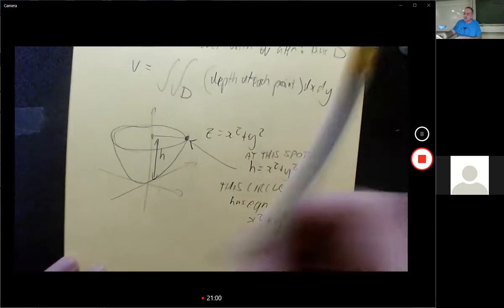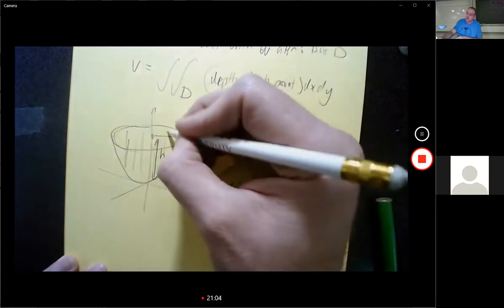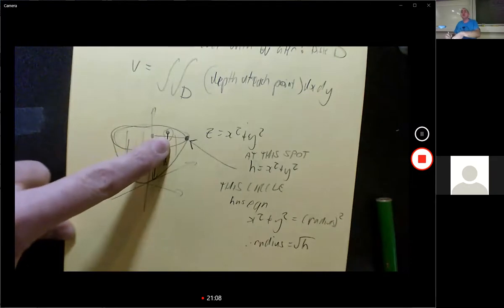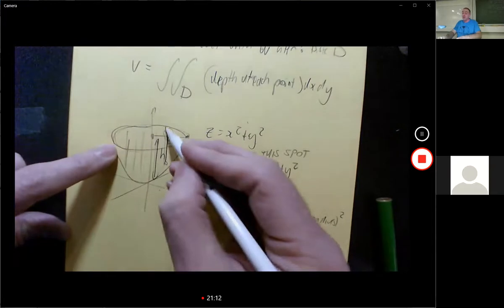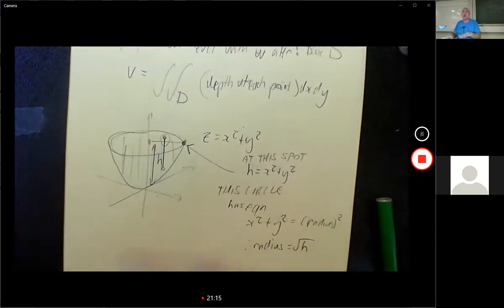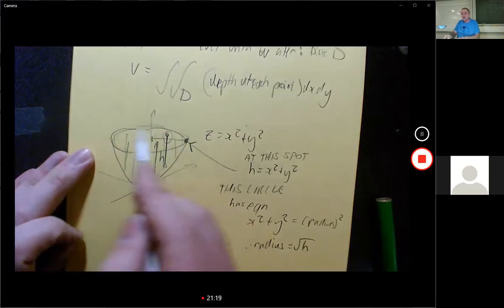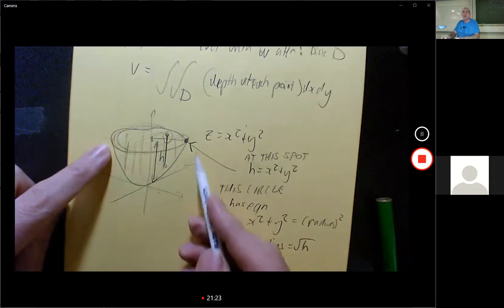Since I've made the decision to have a little depth at every position here, I need to figure out at every position what the depth is and how to figure out what that position is. At the moment, I'm just figuring out what the top of the circle is because I don't know what anything else is going on yet. So I'm going to figure out what the edge of this circle is first, because I'm going to have to locate every position inside this circle, so I need to find the edge first.